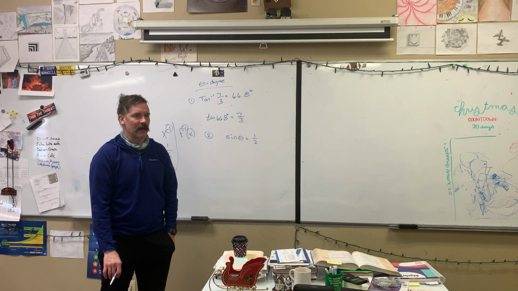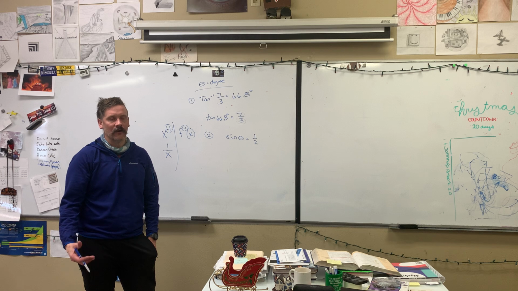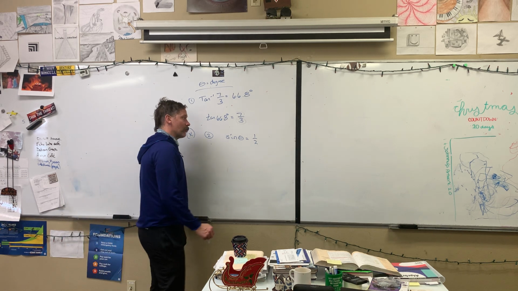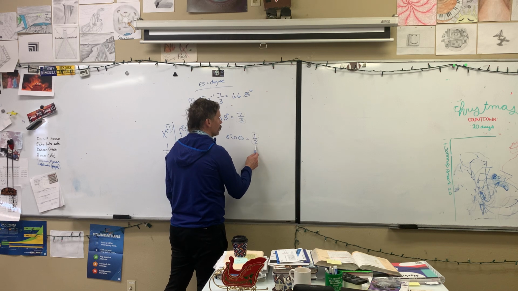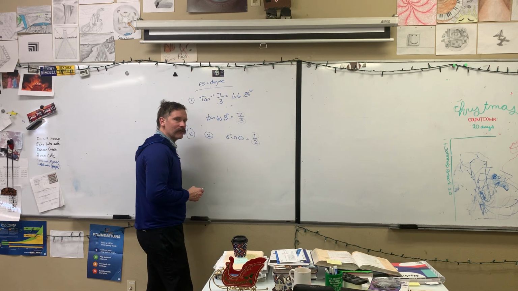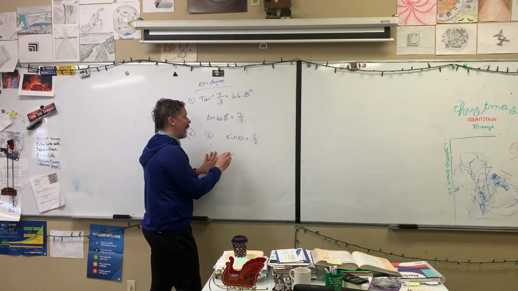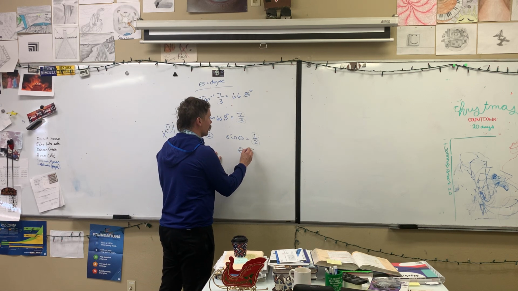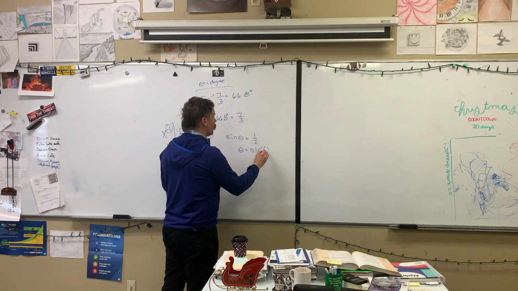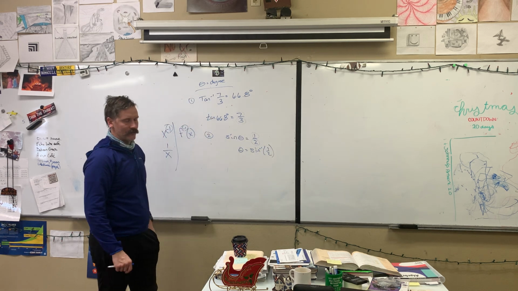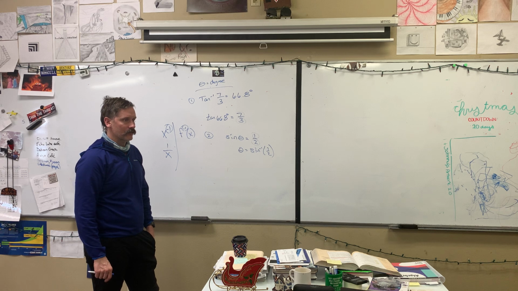So if you want to know what the angle measure is that forms a ratio of 1/2, where your ratio is your opposite over your hypotenuse, or your y value over your r value, the inverse allows you to find out what angle measure gives you that ratio. So it's going in reverse, if you will. So that's really cool. So now we say, hey, I know I got this ratio of 1/2. What's the angle measure that gives me that ratio?